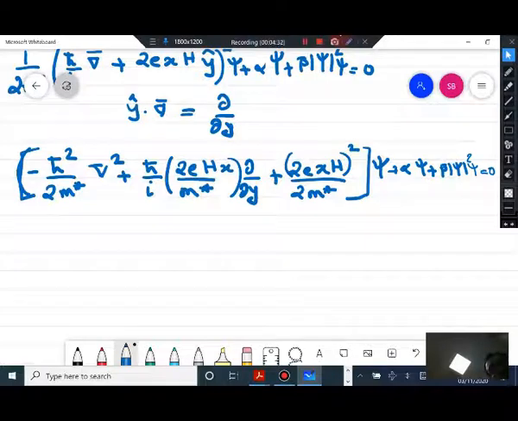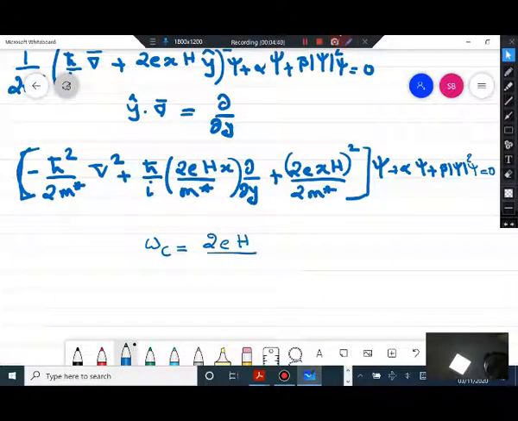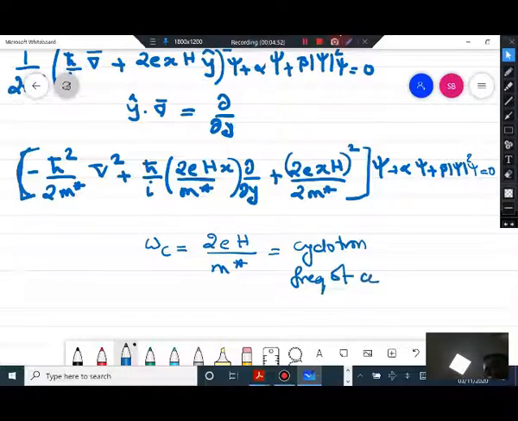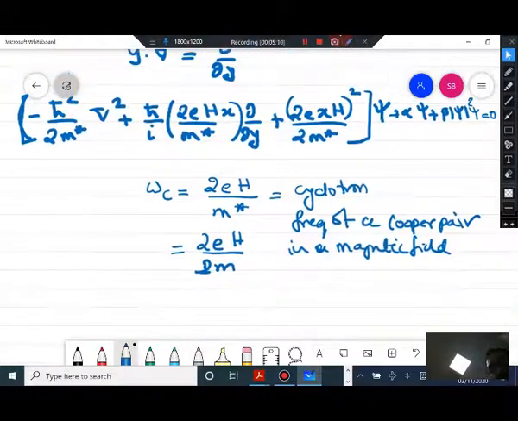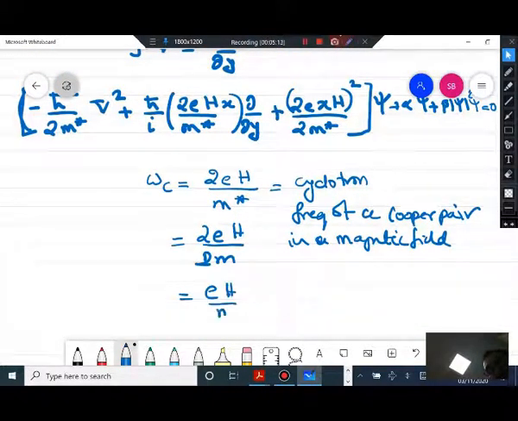We can now define omega c as 2eH by m star, which is nothing else but the cyclotron frequency of a Cooper pair in a magnetic field. Because this is 2eH over twice of m, which is eH over m.